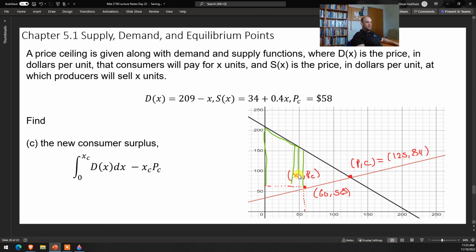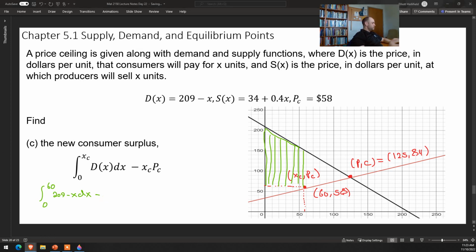That gives us the area of this region. So we need to compute the integral from 0 to 60 of 209 minus x dx, and then minus 60 times 58, which gives us 2,900.